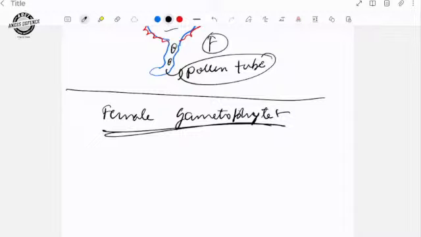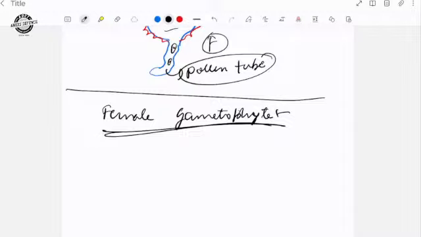You know that two male gametes are formed as a result of the male gametophyte. We completely understand that these male gametes are going to fuse with the egg cell. Then how is the egg cell going to form? The egg cell is nothing but the female gametophyte. How is this female gametophyte going to be formed? If we understand that, then it will be easy to fuse both male and female gametes.